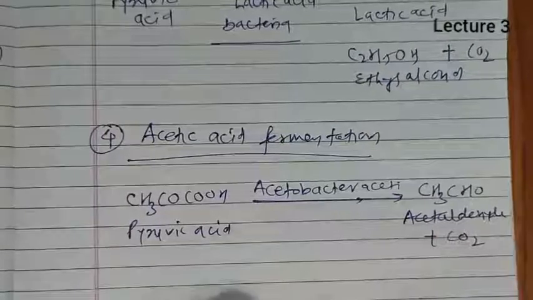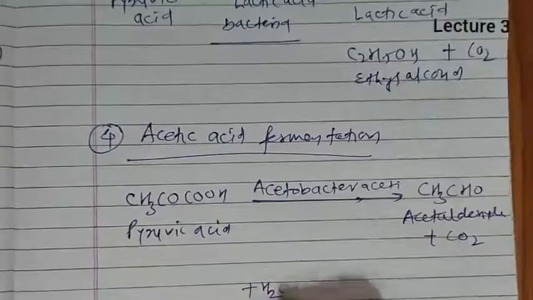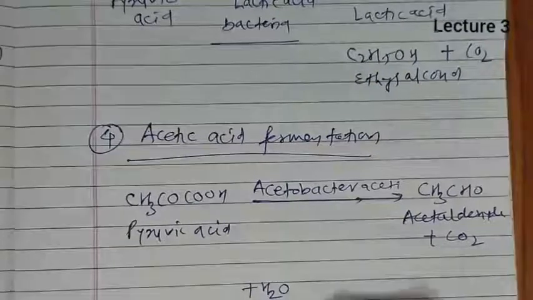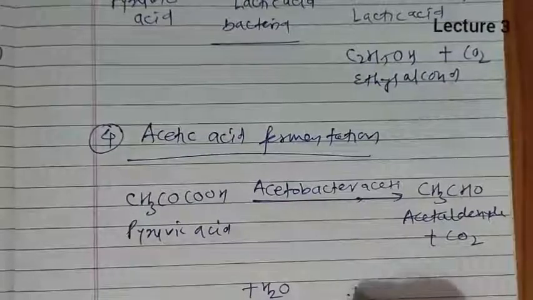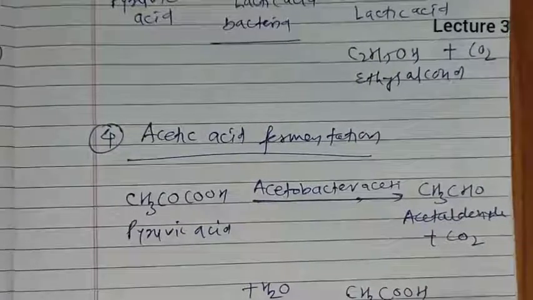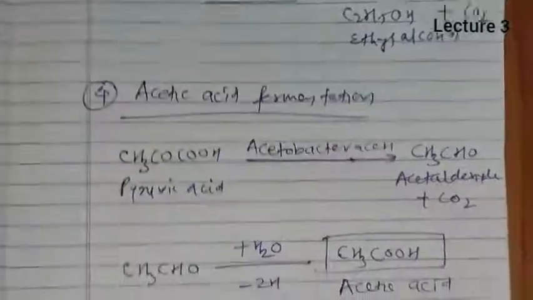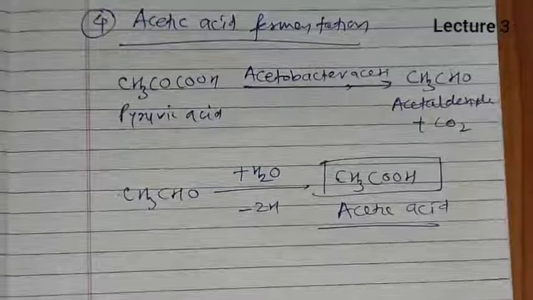Now this acetaldehyde, CH3CHO, on reaction with water and by the removal of 2H+, converts into CH3COOH, that is acetic acid. So in such a way acetic acid can be produced, and because of this it is known as acetic acid fermentation.